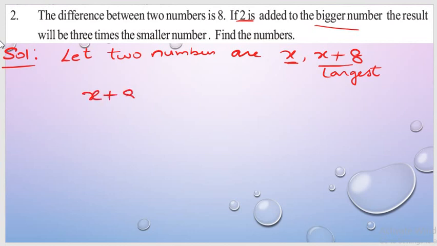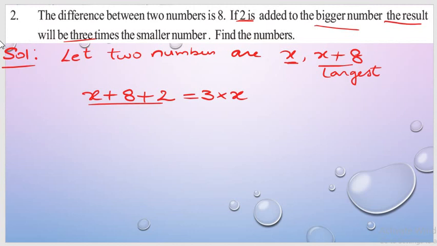So for this x plus 8, if I add 2, then the result will be equal to, what he has given, 3 times the smaller number. So 3 times the smaller number, that means 3 into x, right? So this is nothing but my equation which I obtained by reading this question, right?